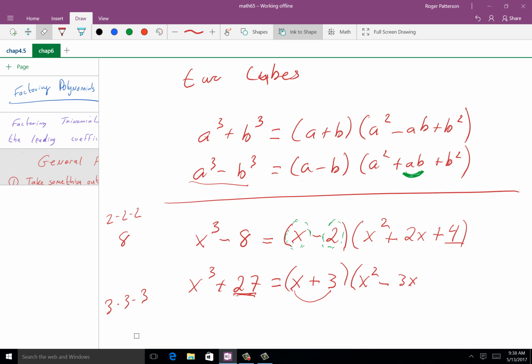Okay. All right, let's go back to doing some more of these factoring problems here.